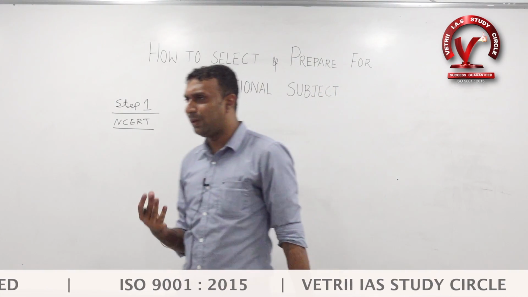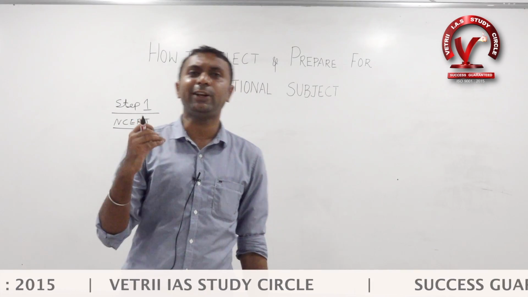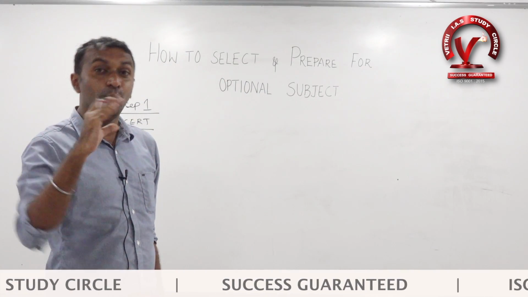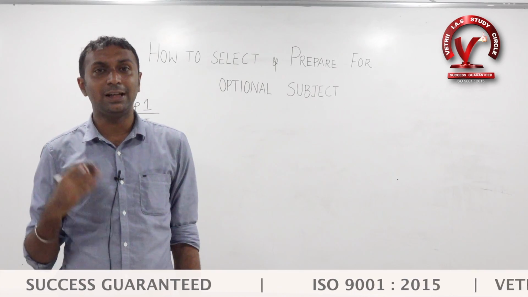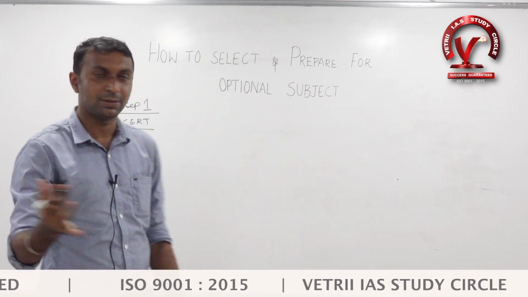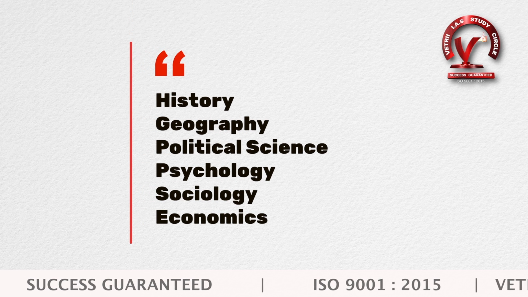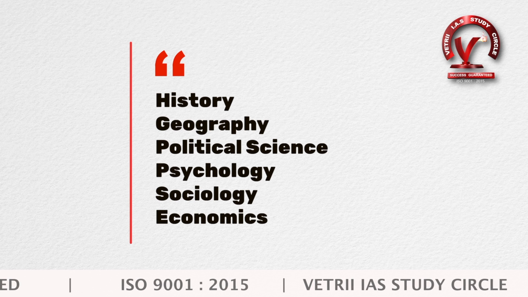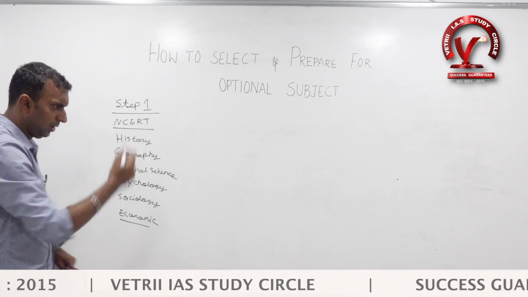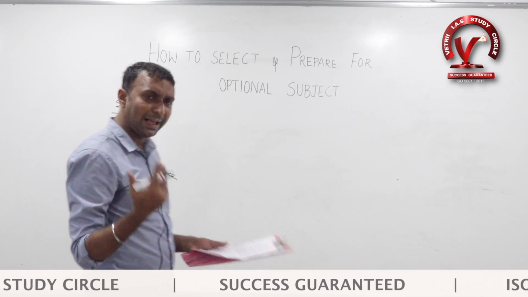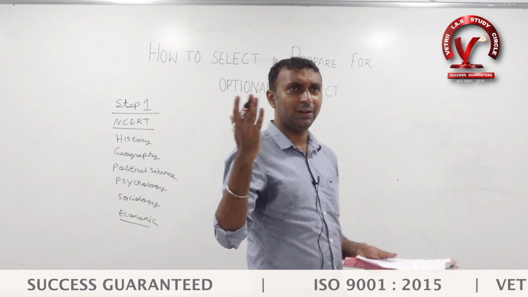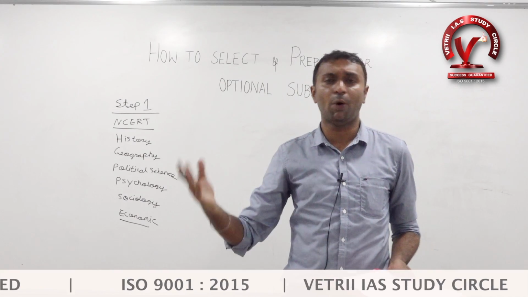So if you are finding it difficult to select your optional subject, you can read NCERT. And we know that in NCERT there are various subjects like history, geography, political science, psychology, sociology, economics. And apart from that, in optional subjects you have physics, chemistry, botany.